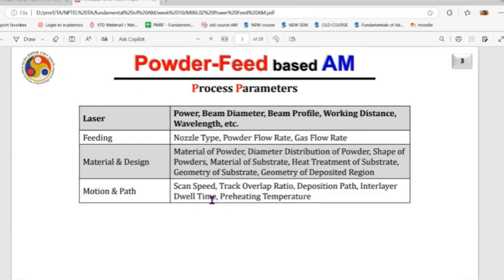The property of the next deposited layer will differ depending upon this dwell time, because when it's very much heated and then you're printing the next layer, the chance of oxidation is more in case of reactive metals. So dwell time is important in those metals.